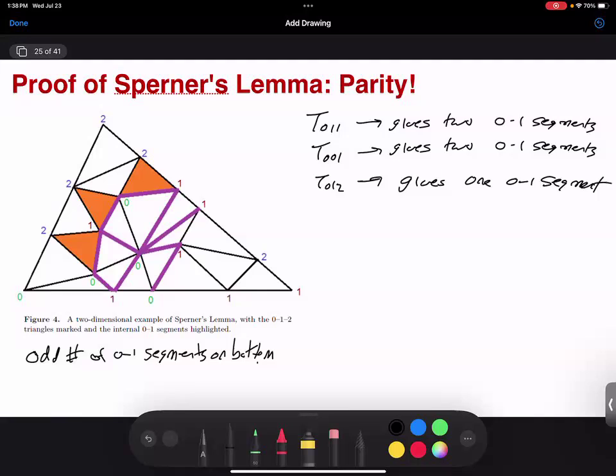So all the internal 0-1 segments are counted twice. All the external 0-1 segments are counted once. So if I look at the number of 0-1-1 triangles plus the number of 0-0-1 triangles plus the number of 0-1-2, what is that going to count?